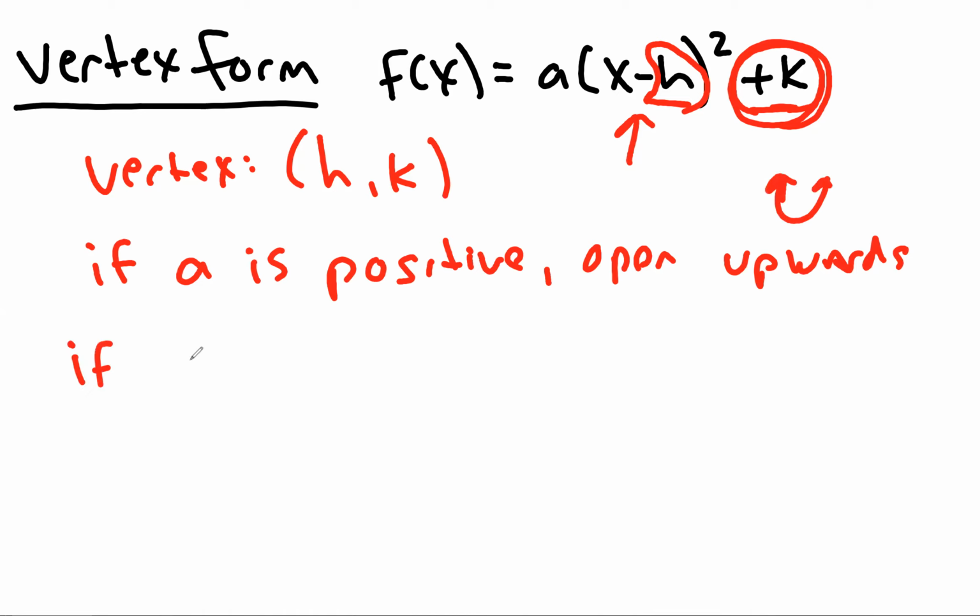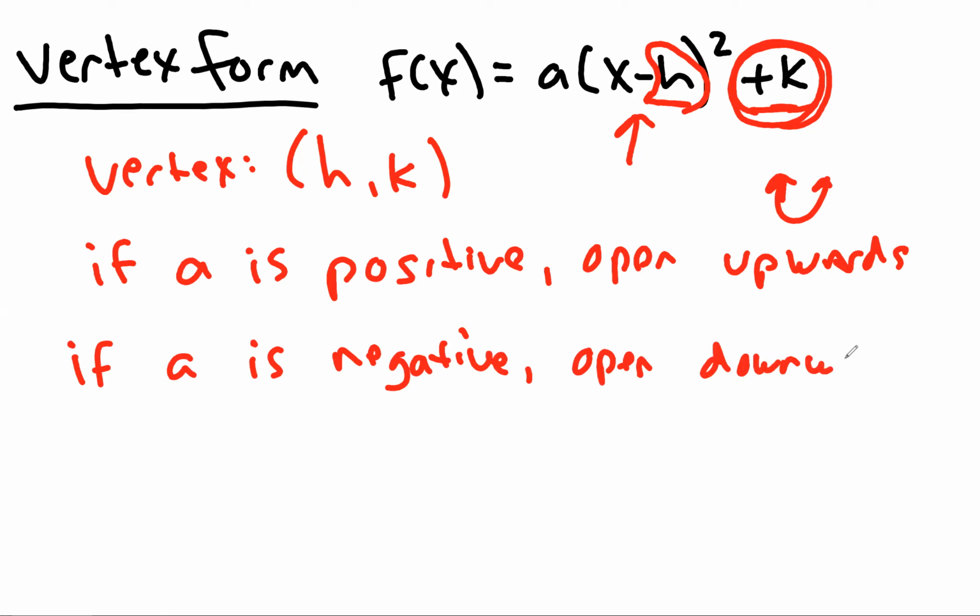But if a is negative, well, if you had to guess, you would probably say that it's going to open downwards. So it will look something like this. So our goal here is to take a function that's written out in vertex form, quickly and easily list the vertex, decide if it's opening up or down, and then move forward and actually graph that.